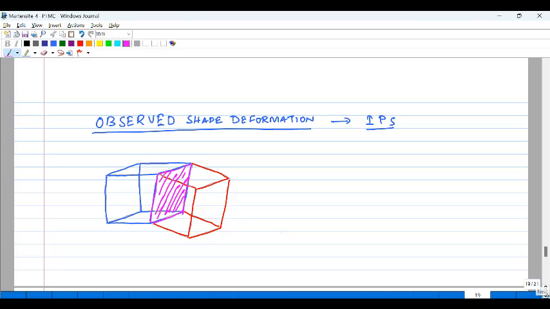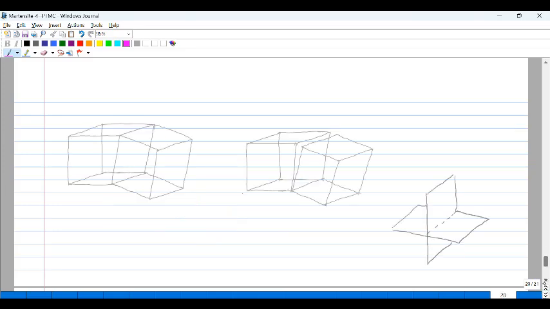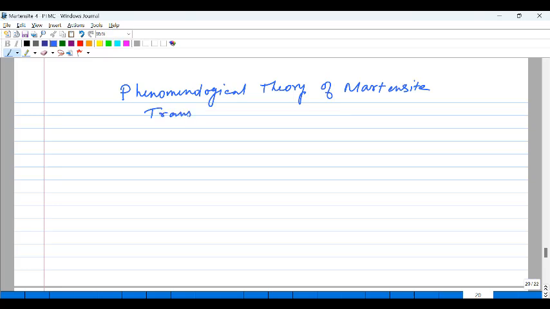So this was addressed by a brilliant theory which was proposed back in the 1950s. The theory is known as the phenomenological theory of Martensite transformation, or sometimes it is also called the phenomenological theory of Martensite crystallography as well.